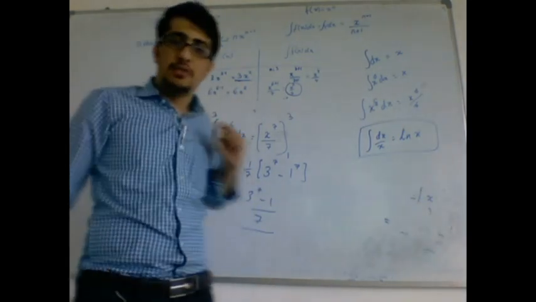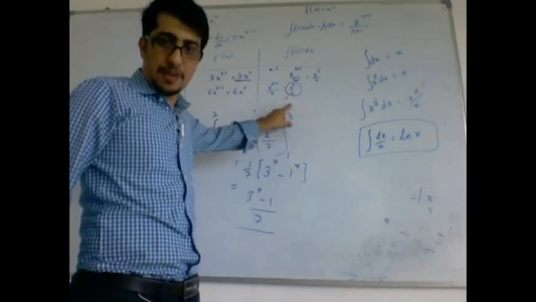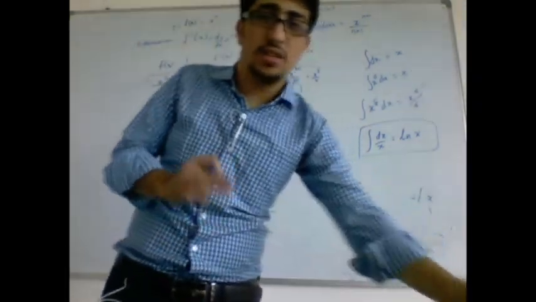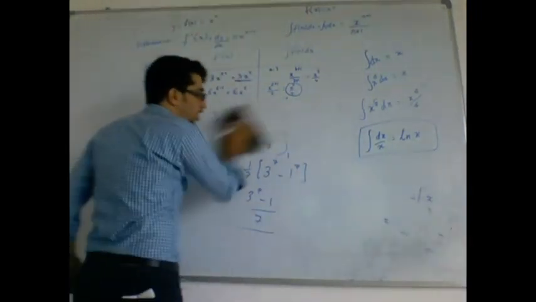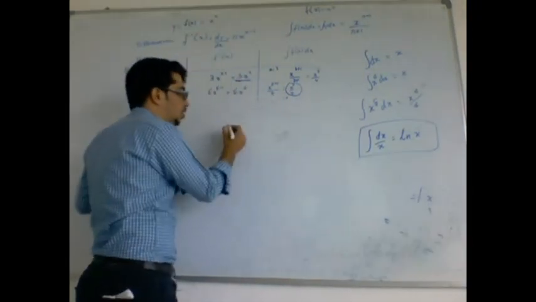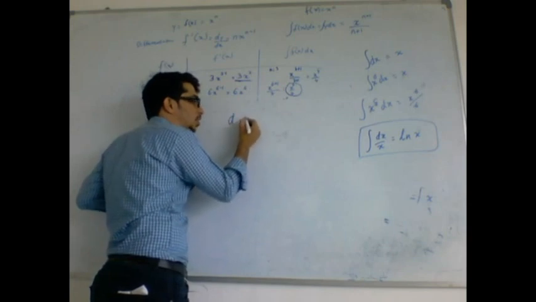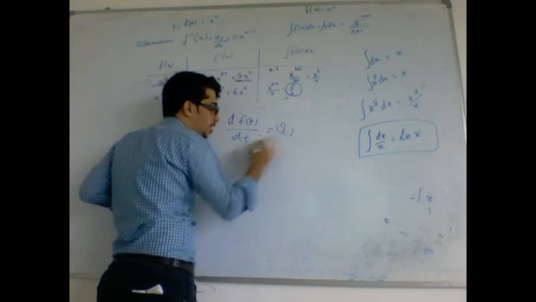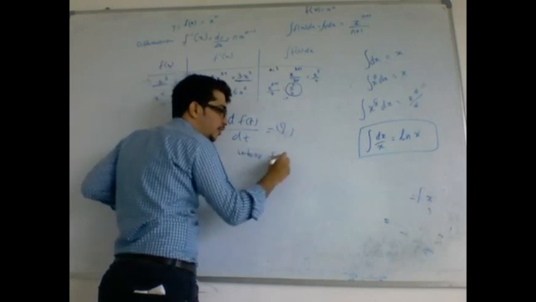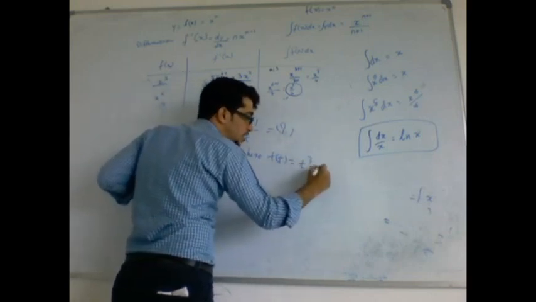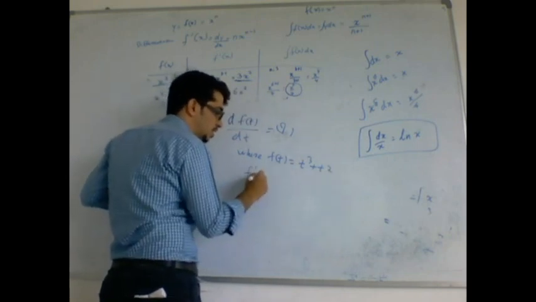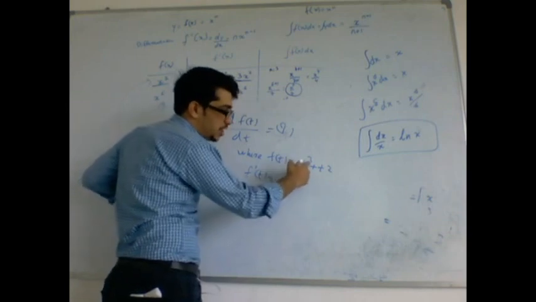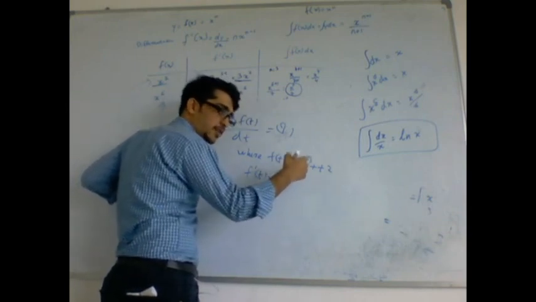Please remember to place the upper limit and lower limit in place of x, because here x is the variable. Similarly, in physics, it is not compulsory that x is the variable. Maybe t can also be the variable. Like this: what is d of f of t by dt, where f of t equals t cube plus t square? So its differentiation is 3t square. Here n is 3 and my variable is t.